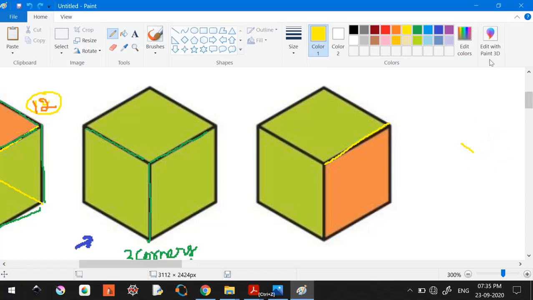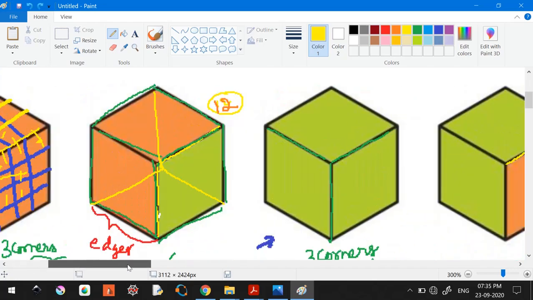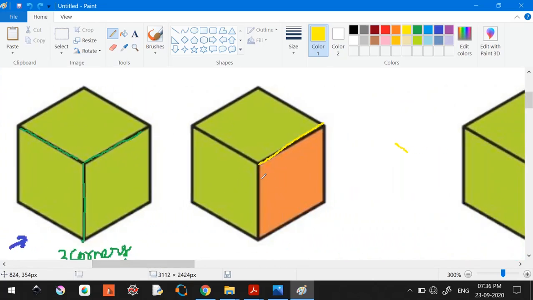So if you see this one particular one, like I already have drawn here, you can split this using 3 lines. You can split this into 4 sections, right? 4 cubes, so that it will form 3 by 3 by 3 cubes.